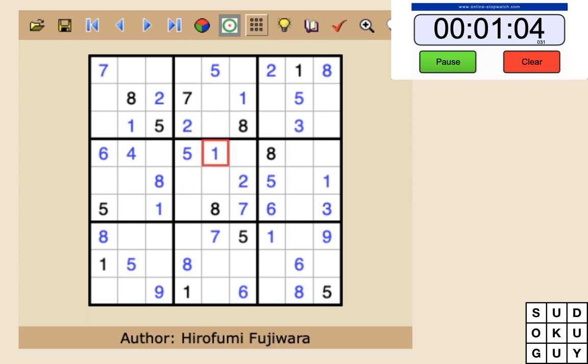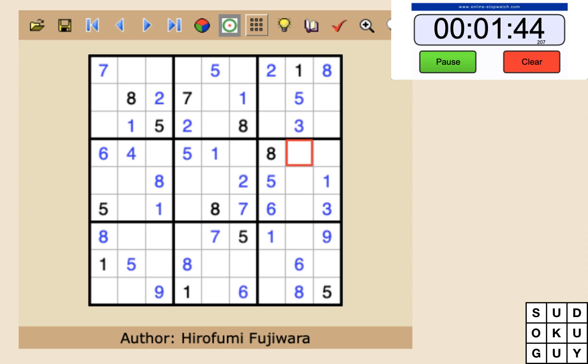What other numbers do I see a lot of? Okay, maybe now it's time to move to the phase where I look at what's left in a row or column or box. This box is missing 3, 4, 6, 9. Okay, definitely jinxed myself.